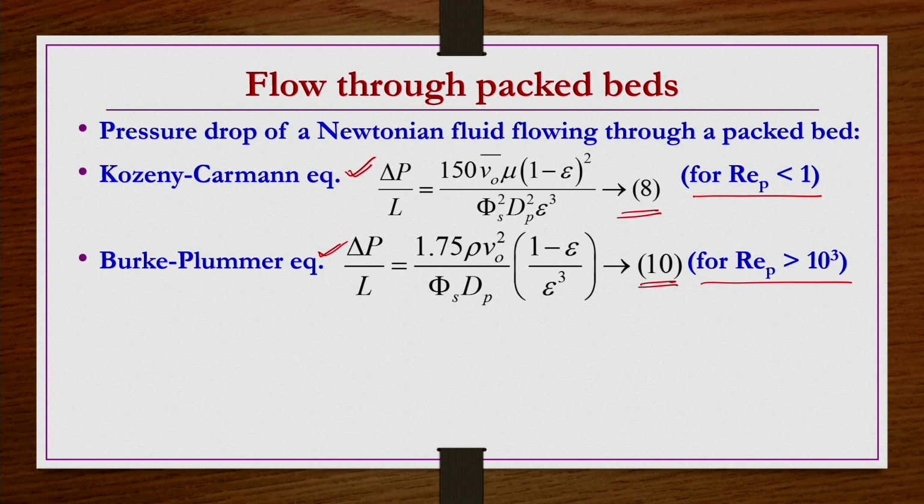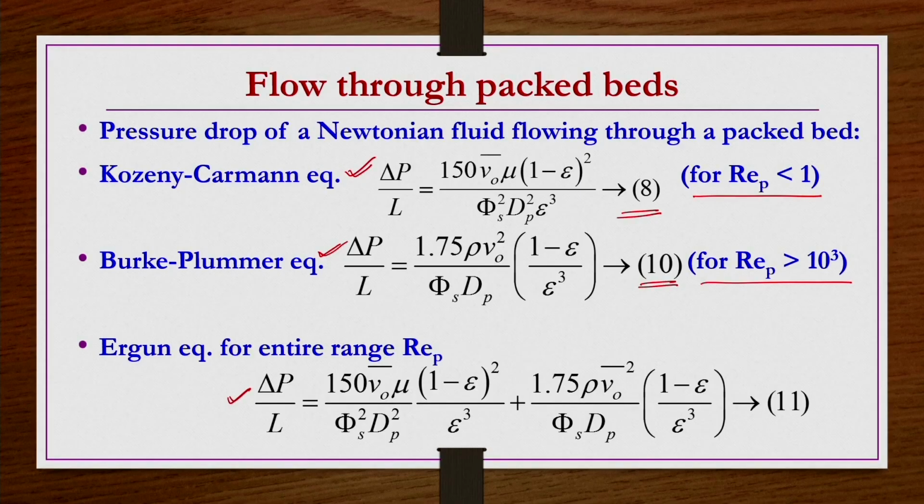But in general, there may be cases where the contributions of viscous losses and kinetic losses are both of significant importance, and both contribute to the pressure drop of the fluid flowing through this packed bed. So, under such conditions, how do we find it?